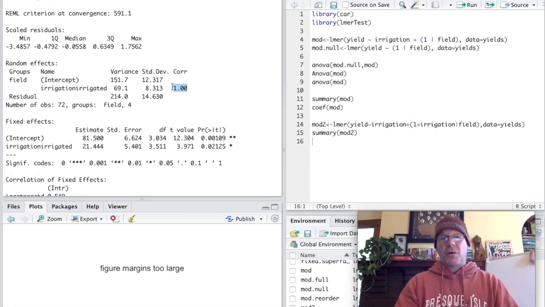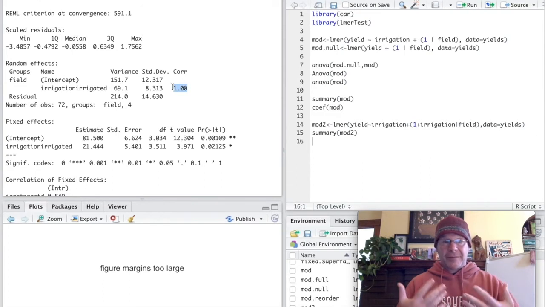But notice that the correlation between the intercept and the slope is 1. What that means is that R settled on a solution where it simultaneously estimated both the slope and the intercept, and they were perfectly correlated. So there was not a unique solution for the slope and the intercept.